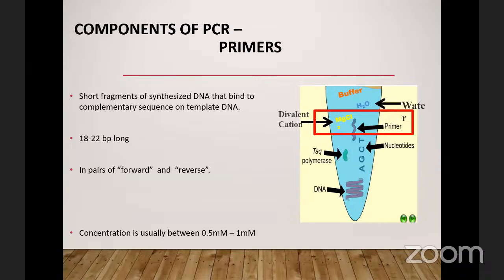Okay, so the other component we are looking at is the primer. We have actually talked about primers, in a way. Primers are short fragments of synthesized DNA that bind complementarily to template DNA, right? So we know the law of base pairing from the previous lecture, I suspect.